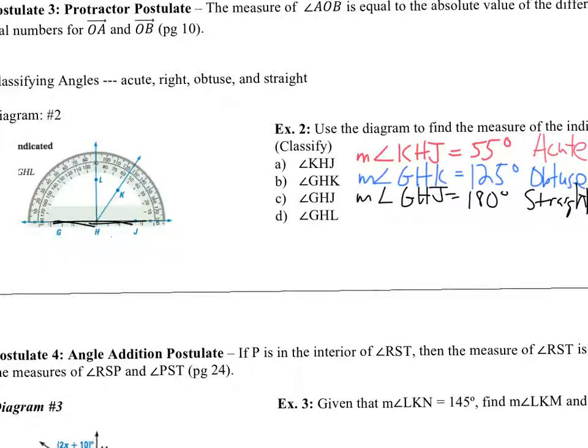We have one more angle we're going to look at, and that is going to be our GHL. Well, that's nice. So we have the measure of angle GHL equaling 90 degrees, and therefore it is a right angle.